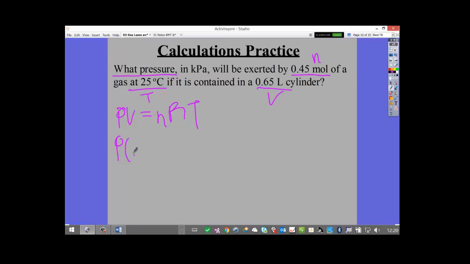The number of moles is 0.45. The next part is looking for my R. R is a constant, right?